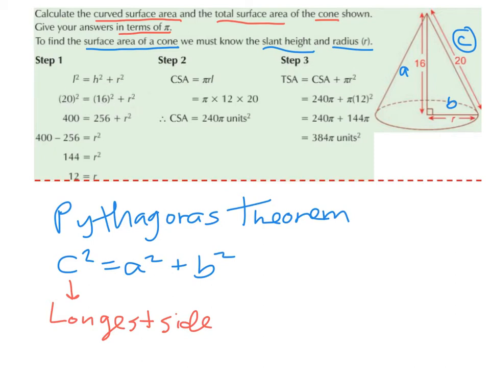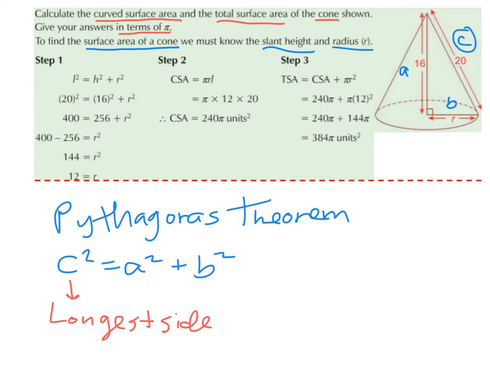The 20 was the c, which is the longest side, that's the most important thing. And then we had 16 squared plus r squared, so a squared plus b squared. So 20 squared is 400, 16 squared is 256. So 400 equals 256 plus r squared, and we want to solve for r.